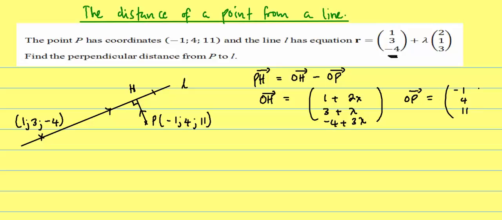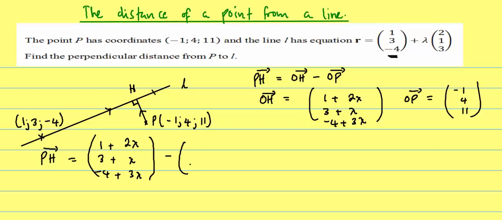So if we go ahead and find what the vector PH is going to be equal to, we are taking this vector OH, which is (1 + 2λ, 3 + λ, -4 + 3λ), and we want to minus the vector OP, which is (-1, 4, 11).